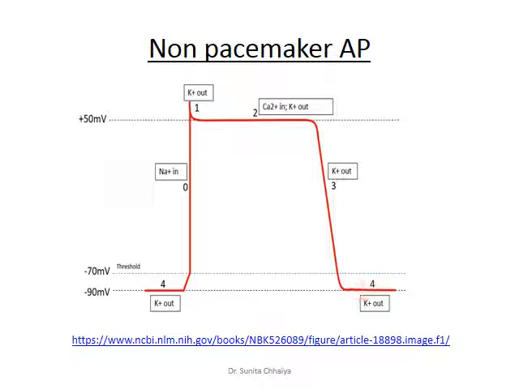So here you can see that again sodium, potassium and calcium channels are responsible in a non-pacemaker tissue as well. But the difference is that in a pacemaker tissue, phase 0 is mainly due to the L type calcium channel, while in a non-pacemaker tissue, phase 0 is due to opening of the fast sodium channel.